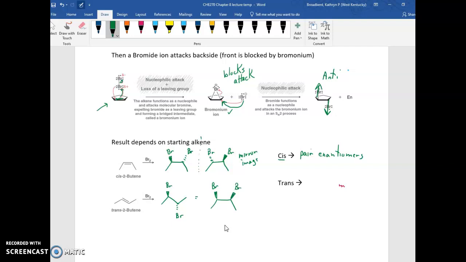And so with the trans, we end up with this meso. This has symmetry, so it's meso. And we end up with a meso compound, and so they're the same. And like I said, there's a video with me playing with the models to show you that they are indeed the same.